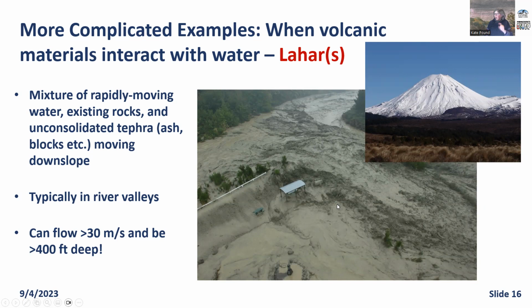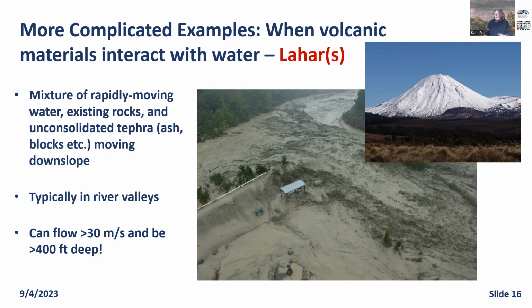What's also useful or interesting about lahars, imagine an area that has a dry season and there's volcanic activity, whole bunch of pyroclastic material gets deposited and people think, oh, the eruption's over. And then along comes the rainy season.